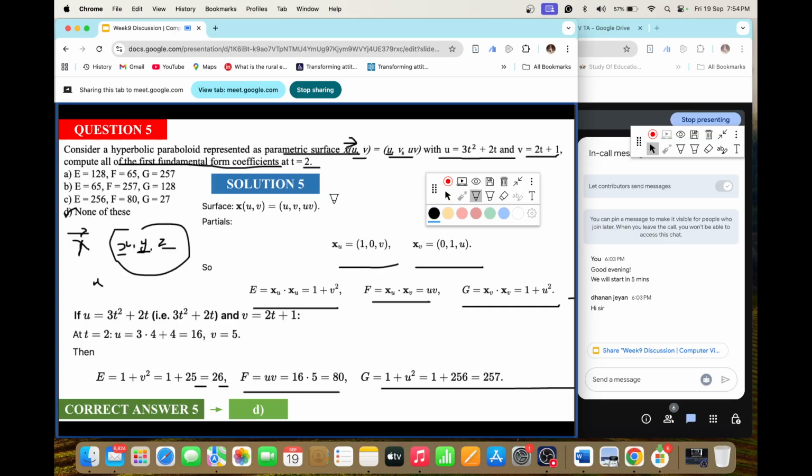How can I explain this: x is formed by two parameters u and v. Similarly y is also a function of u and v, and z is also a function of u and v, and then u and v also are functions of t.